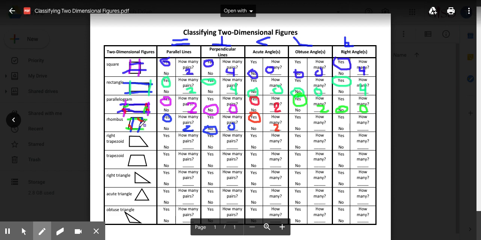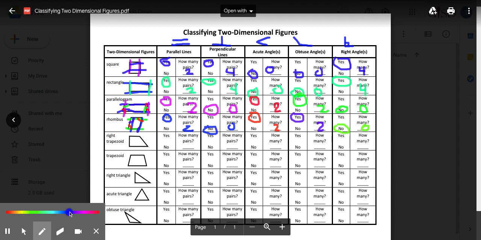You've got an obtuse angle down here and an obtuse angle up here, so the answer is yes. And then I have 2 of them. And then because I have 2 obtuse angles and 2 acute angles, I cannot have any right angles, so my answer to this is no and 0.